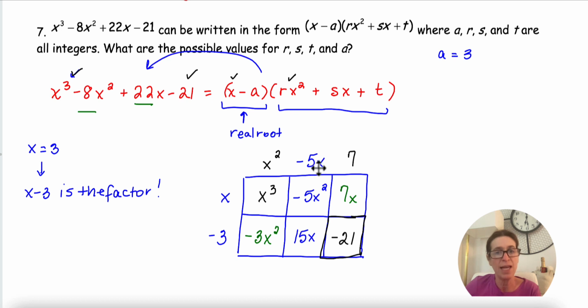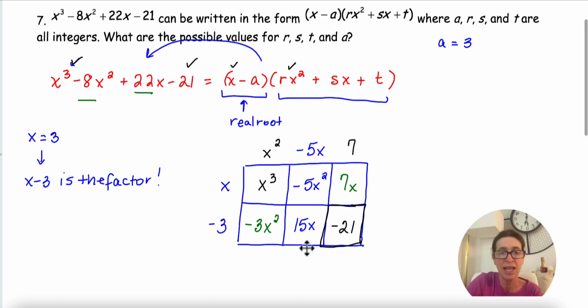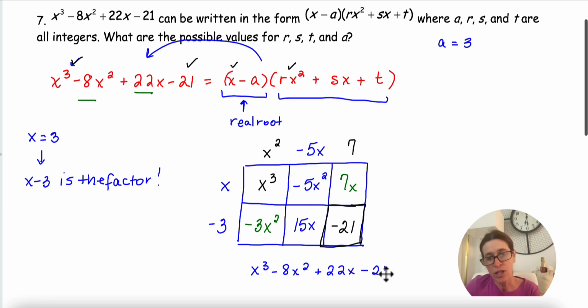Let's see if that works. Negative 5x times x gives me negative 5x squared. Negative 5x times negative 3 does give me 15x. If I multiply this out, I'm going to get x cubed minus 8x squared plus 22x minus 21. So you can see that I just used some logical reasoning and the idea that I knew one root to get the values.